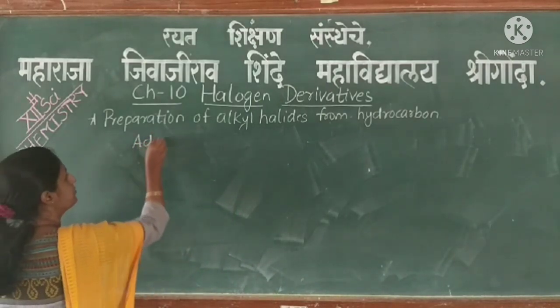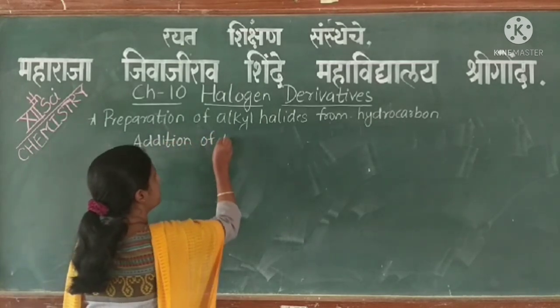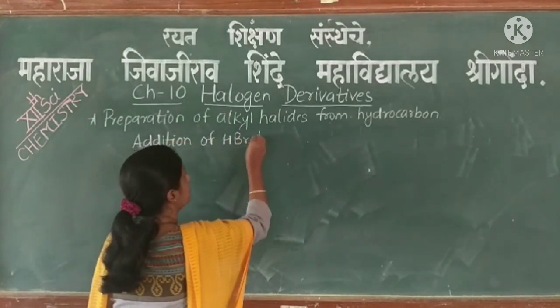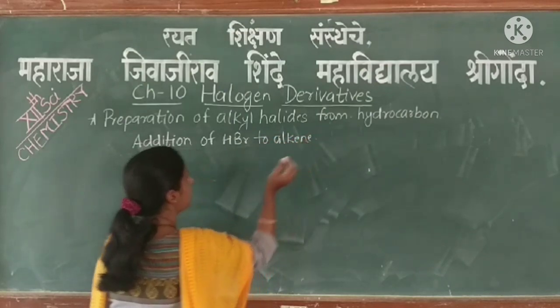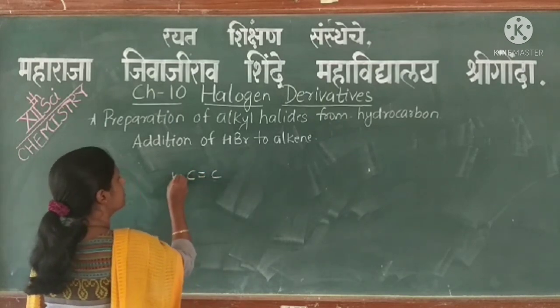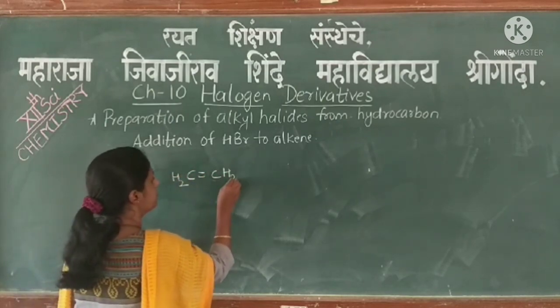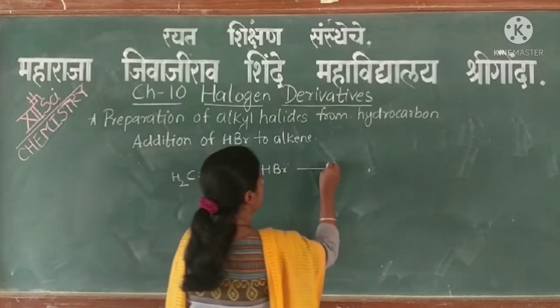Addition of HBr to alkene. Let's see. This is your symmetrical alkene. You react it with HBr. What do you get?